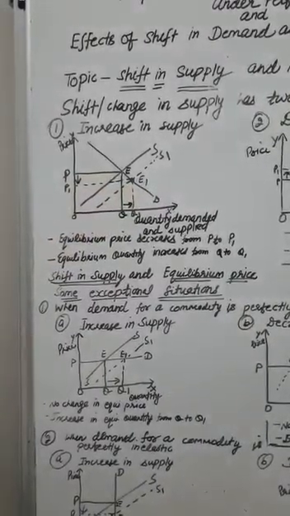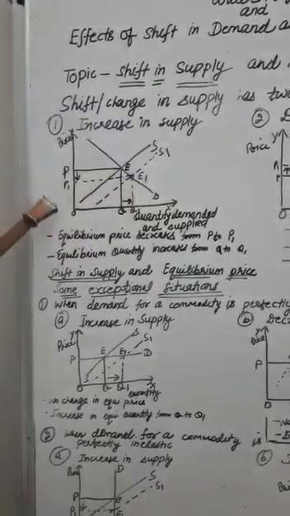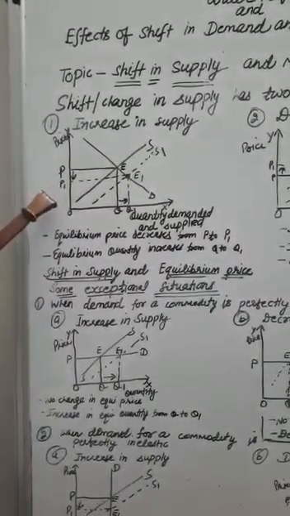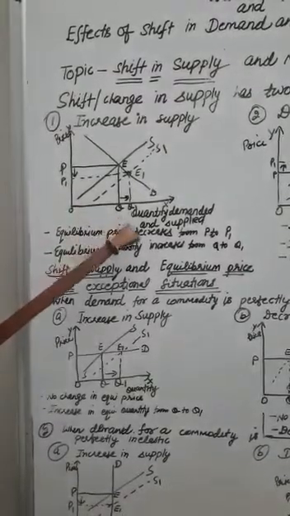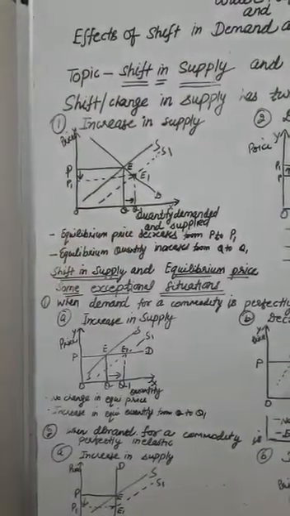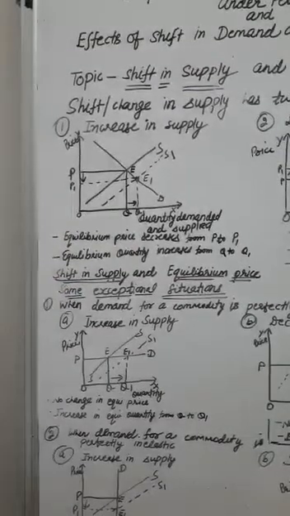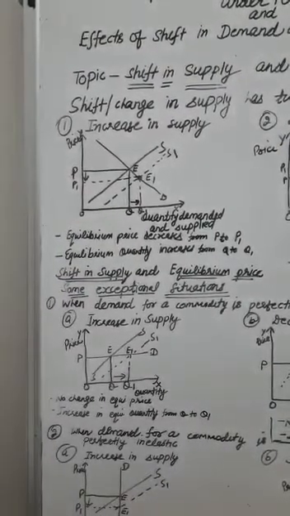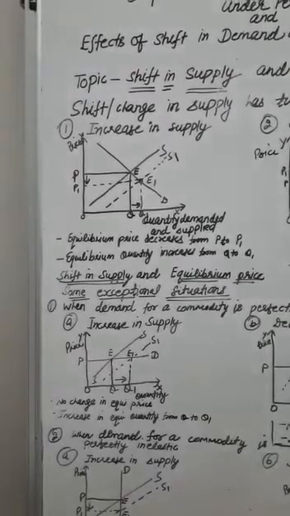So there is fall in equilibrium price from P to P1 and there is increase in equilibrium quantity from Q to Q1. This is the impact of increase in supply on market equilibrium.